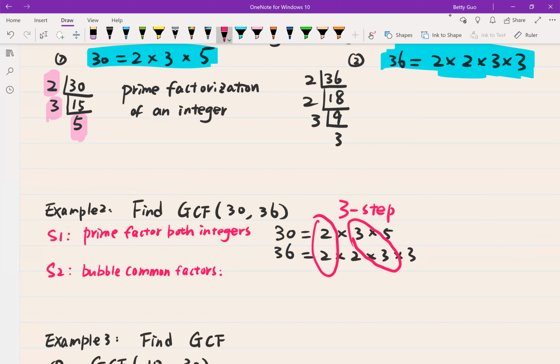So that's step 2, very simple. Bubble the common factors. Step 3, take the product, or multiply, the common factors that you found in step 1, in step 2.